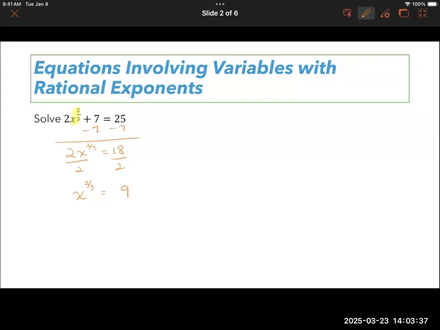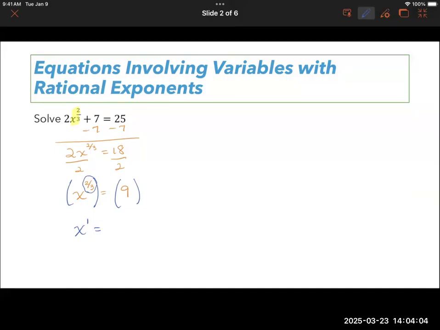Okay, then our next step is to raise each side of the equation to the same power. And the choice of what power we use is based on the exponent here. Essentially, like with any equation, we want to get just x, which technically means we want x to the first power.